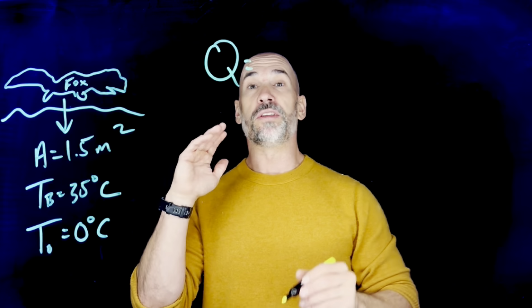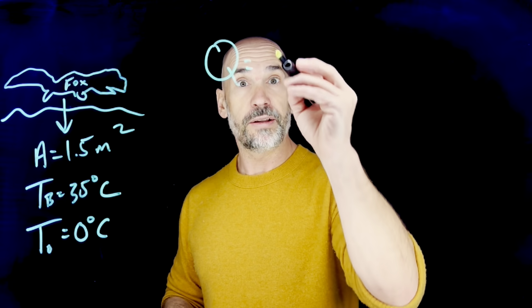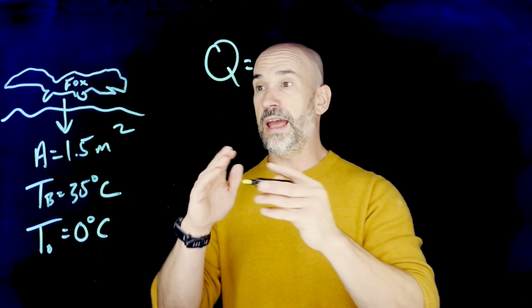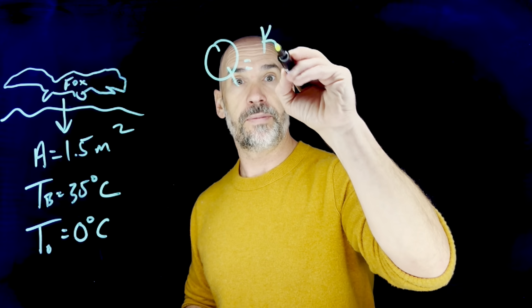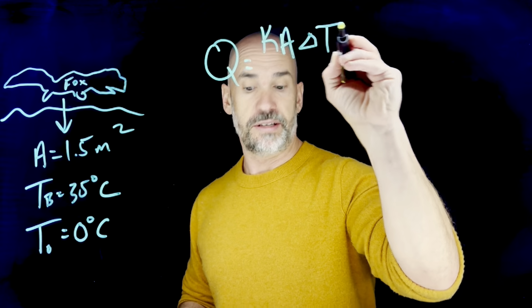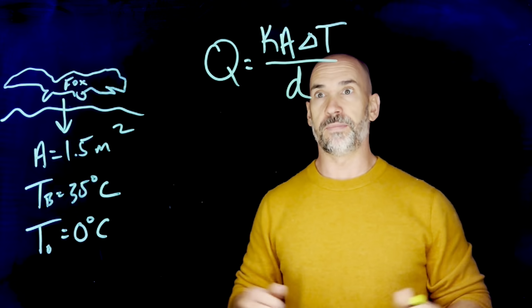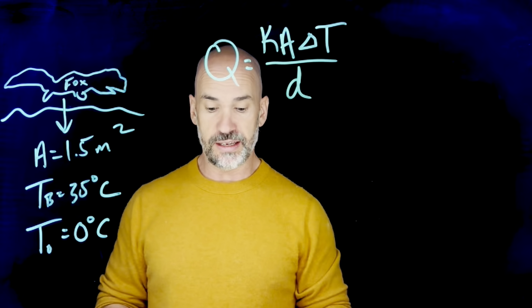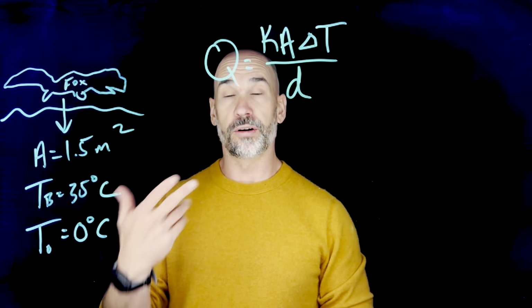All right, so it turns out there's something called the Fourier Heat Equation that gives you the rate at which an animal is losing energy. And that formula is K A delta T over D. What does all this mean? First of all, K is the heat constant for fur.